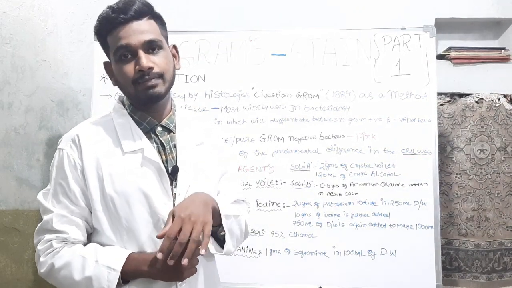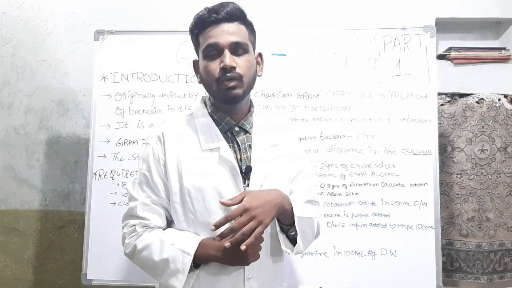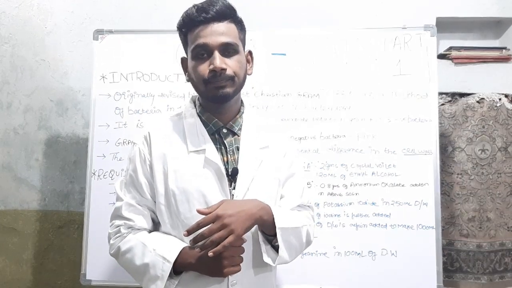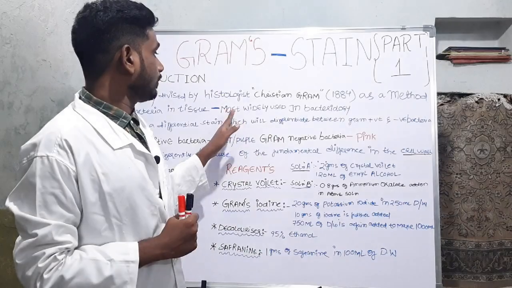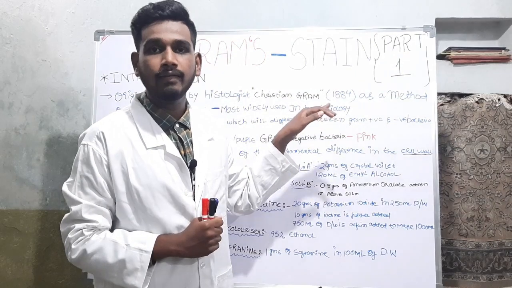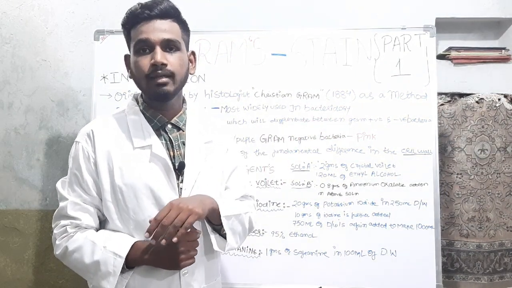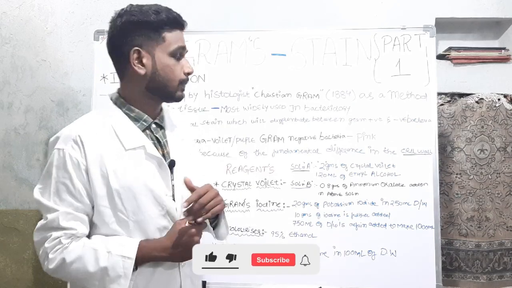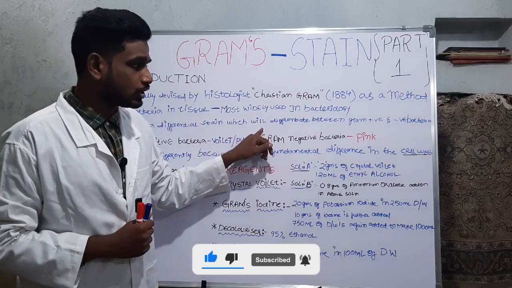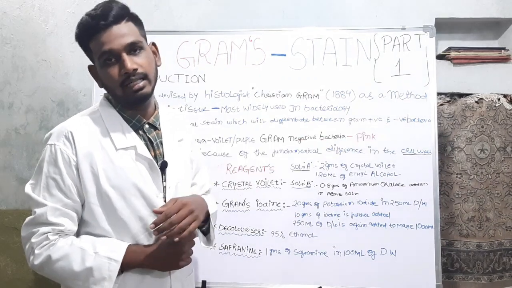Later on, it was modified and taken up as a microbiological stain to differentiate between gram-positive and gram-negative bacteria. It is the most widely used stain in bacteriology. It is a differential stain.